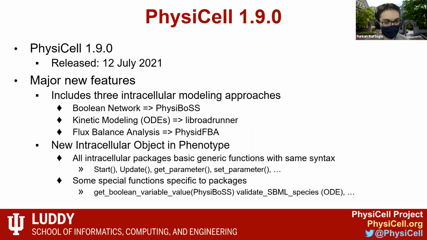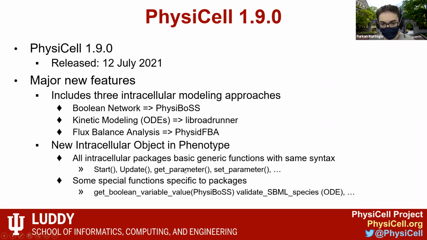And in this 1.9, there is a new intracellular object in phenotype, like motility or volume. You can just go to phenotype.intracellular to reach it. In this object, there are some mutual functions used by all three packages, PhysiBoSS, LibRoadrunner, and PhysiDFBA.